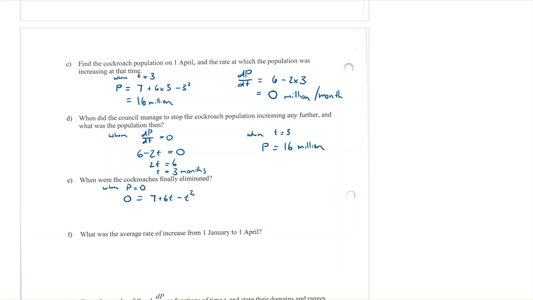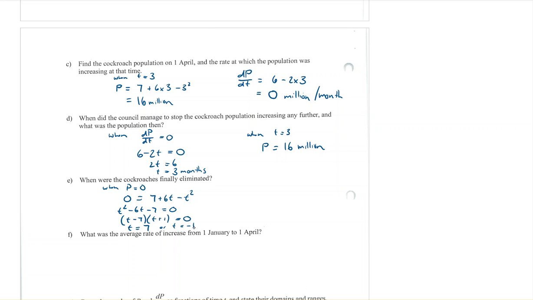So move everything to the other side so that it's positive. t squared minus 6t minus 7 equals 0. Then we're factorizing, so we're looking for two numbers that multiply to give minus 7 and add to give minus 6. Minus 7 plus 1. So (t minus 7)(t plus 1) equals 0, which means that we get t, using the null factor law, t equals 7 from the first bracket, or t equals negative 1 from the second bracket.